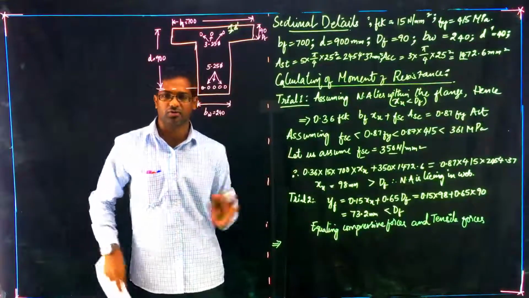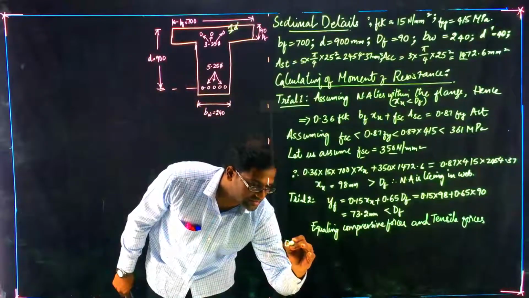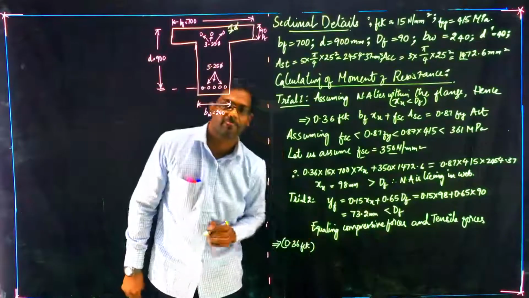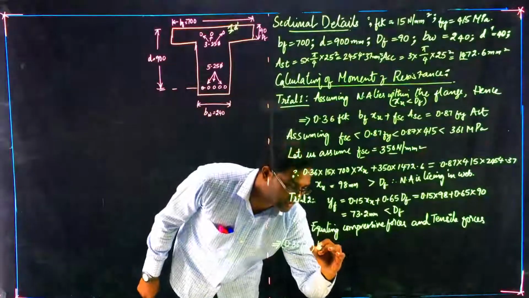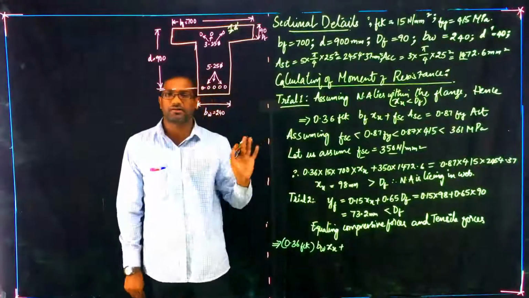This is a long equation, but I'll keep it as simple as possible. First term is 0.36 FCK, rather than BF, now you will get BW XU. This we have completed.